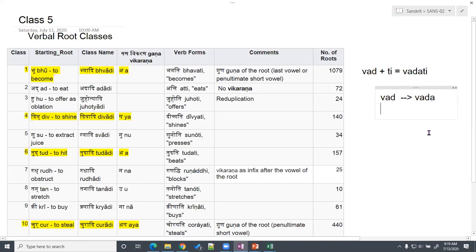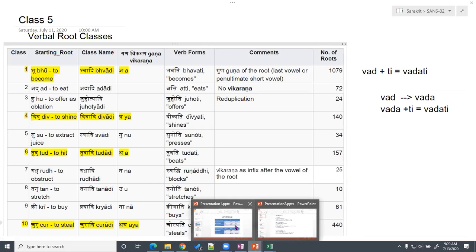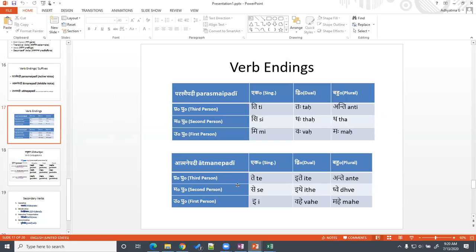And then with the stem, we will combine these forms called Vadati. So that's how the forms will come: Vadati, Gam, Gachati. So there is a 2-step process where you take the root, make the stem, then with the stem you apply these endings.